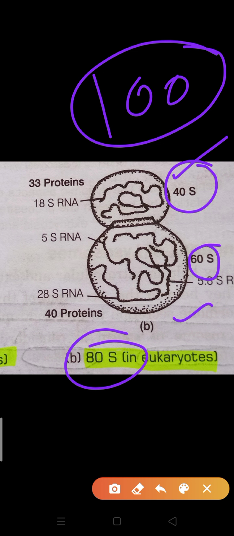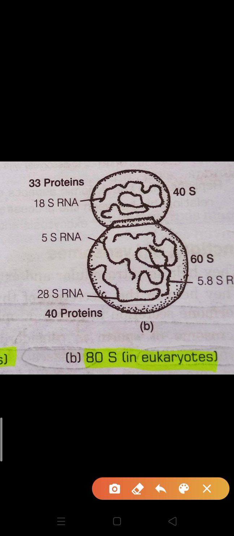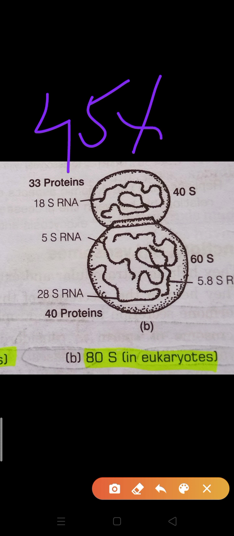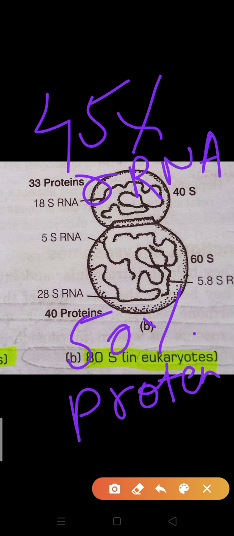Here also you can observe that rRNA and proteins are present. Here 45% of the ribosome is made up of rRNA and 50% is made up of protein. So you can see that the ratio is very close. Clear?